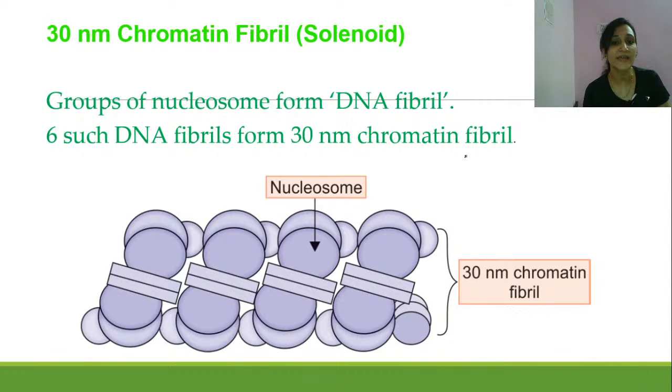And the names 30 nanometer and 10 nanometer are because of the thickness. The other word for 30 nanometer chromatin fibril is solenoid.